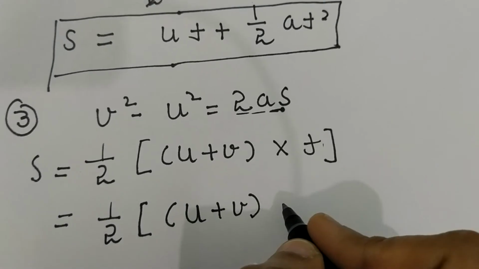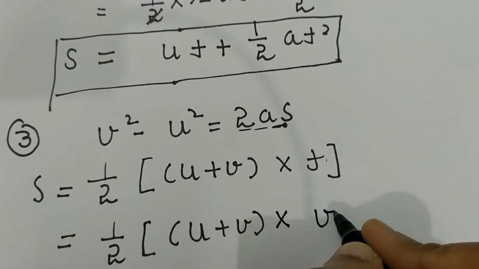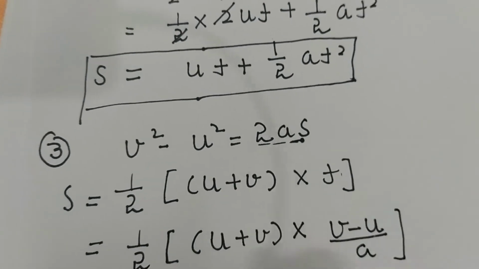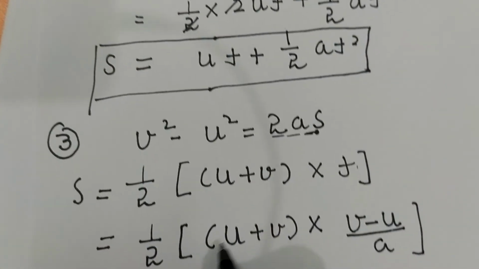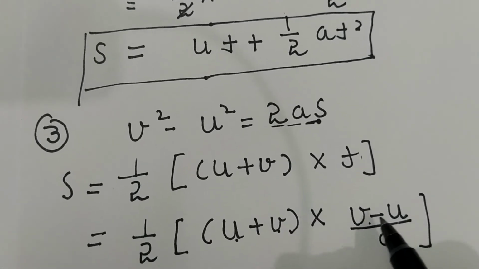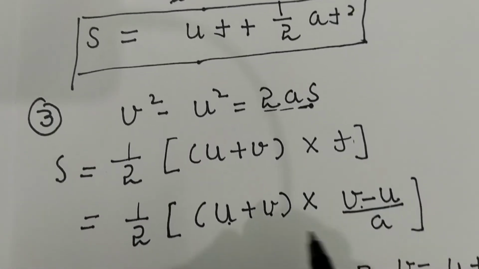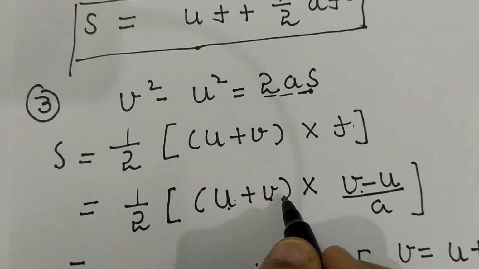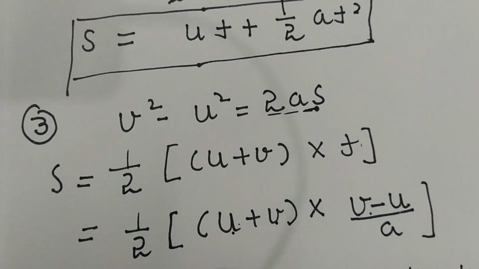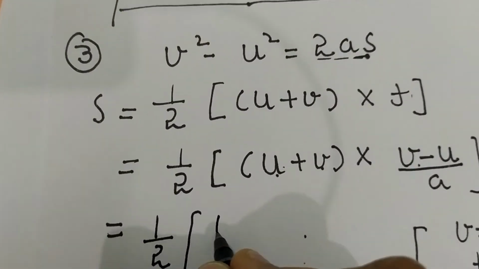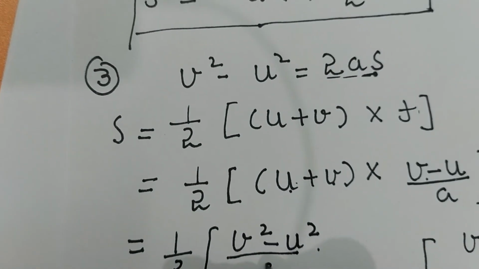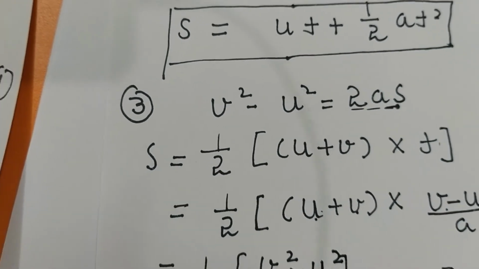So in place of t we will write (v minus u) upon a. When we solve this, we use the identity (a plus b) into (a minus b) is a square minus b square. So when we use the identity and solve this equation, we get the result (v square minus u square) upon a.